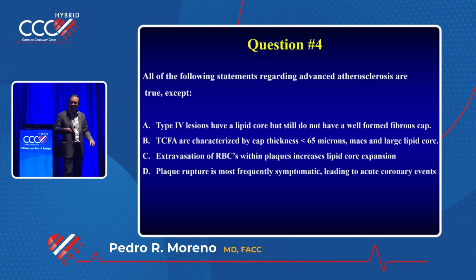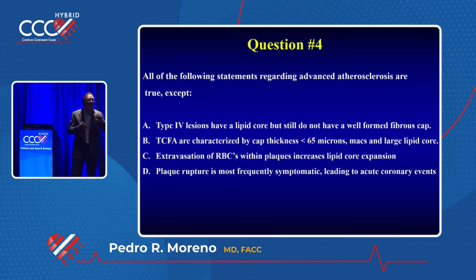All of them look true, huh? D. Plaque rupture is more frequently symptomatic, leading to acute coronary events. Everybody agree with this? Or everybody disagree? No comments. Okay. Acute coronary syndrome is the exception and not the rule of plaque rupture. Out of 100 plaques that rupture, 1 gives you a syndrome.